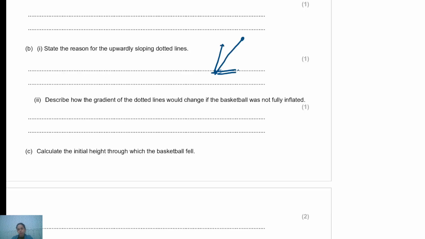Okay. Calculate the initial height through which the basketball fell. From what height is it falling down? So we know our speed is somewhere around 4 point something. Now I need to be very exact. Let's just clear it. Okay, the eraser refuses to pick up.